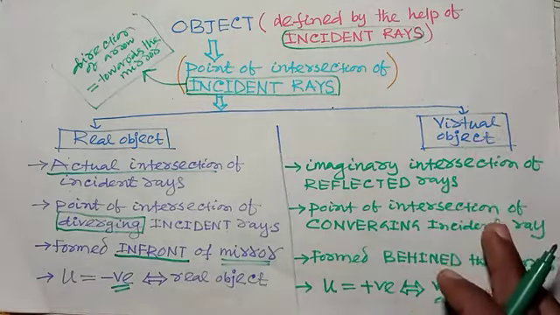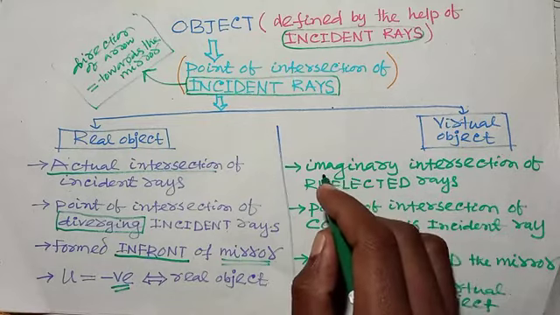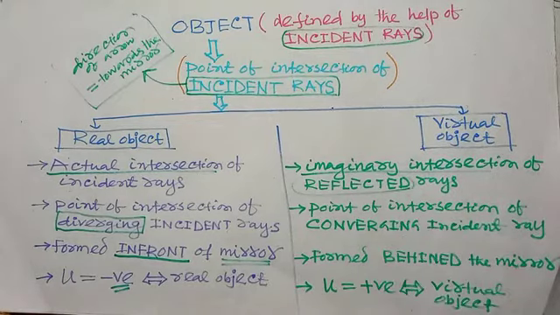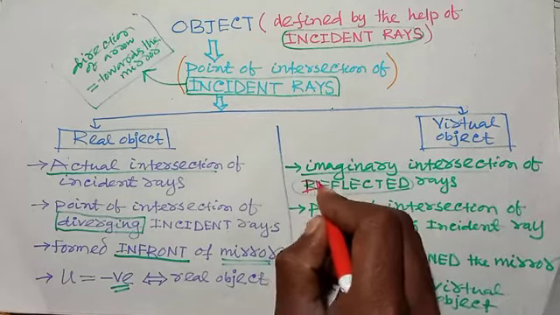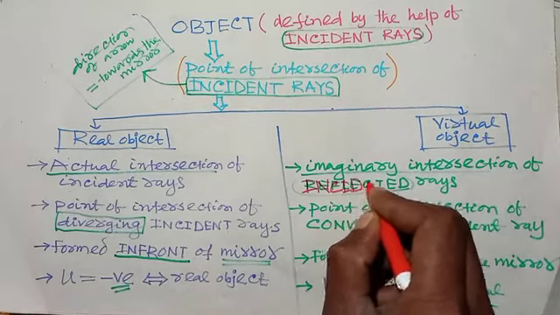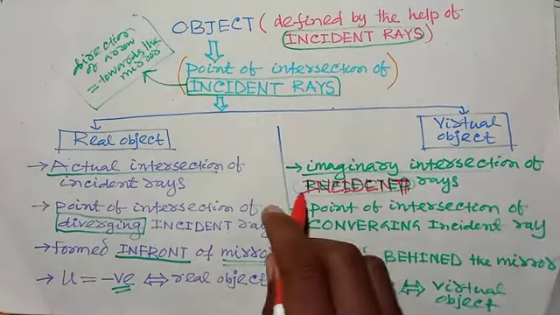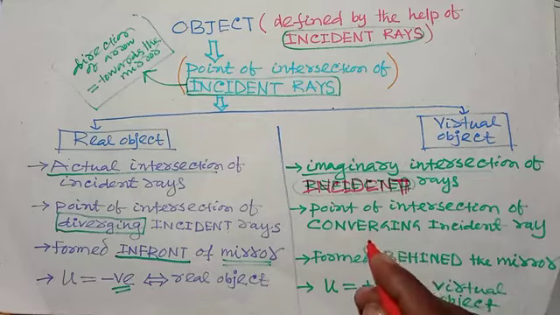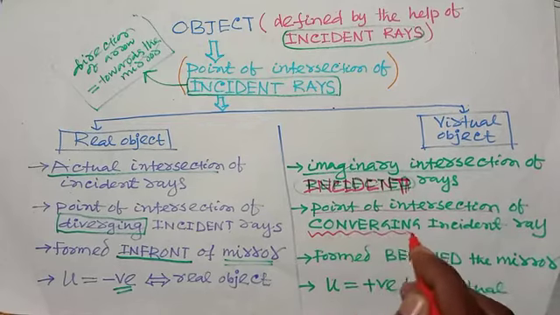So let's see the virtual object. A virtual object is formed by the imaginary intersection of incident rays, or we can say that it is the point of intersection of converging incident rays.